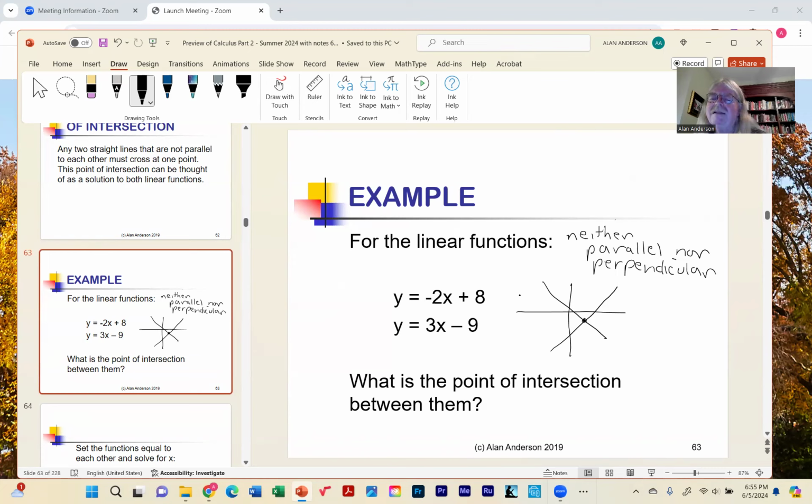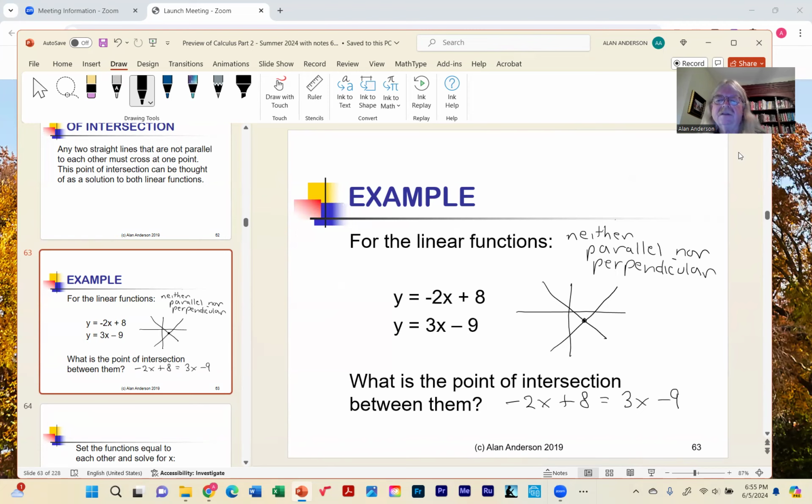That's the key to the whole thing. So in other words, at this point, the functions have the same value. So here we can solve for the x, and once we have that x, we can find the corresponding y from either of these two equations.